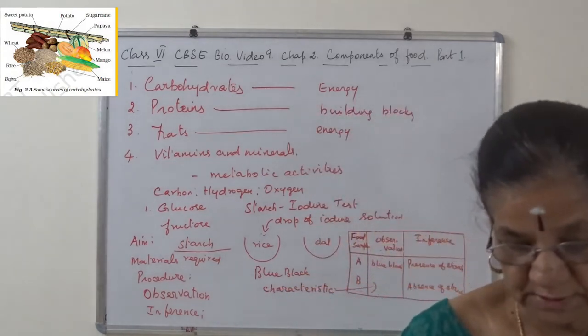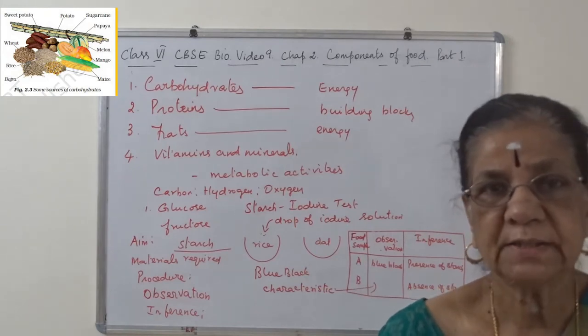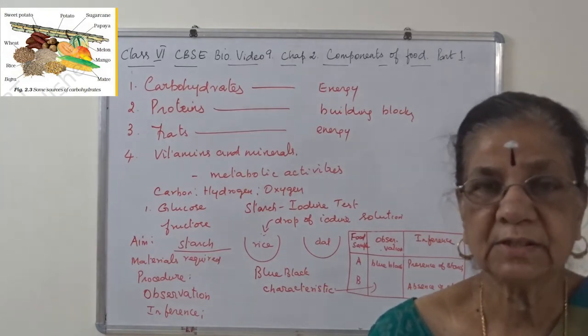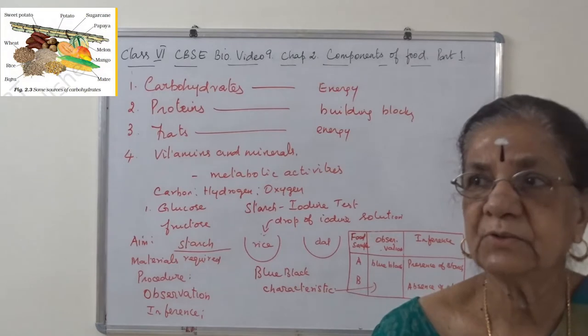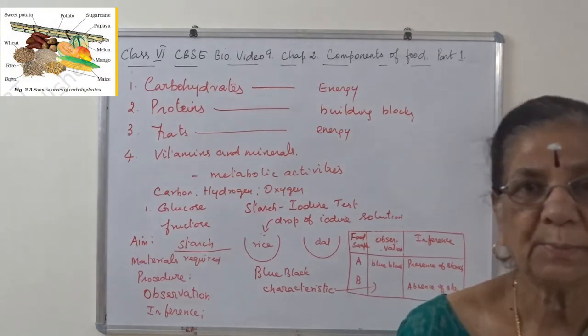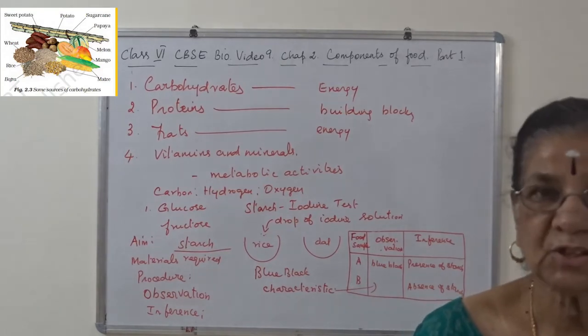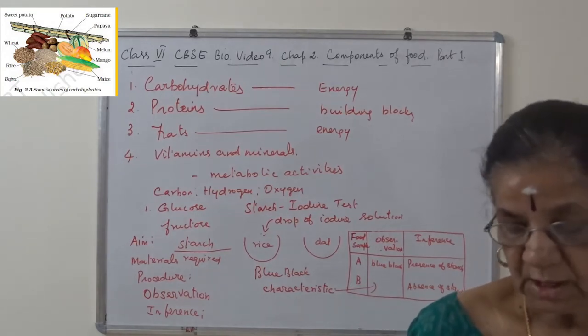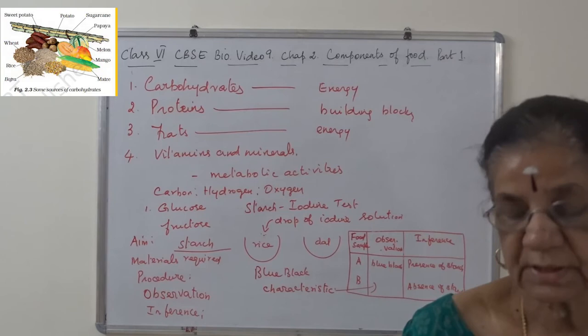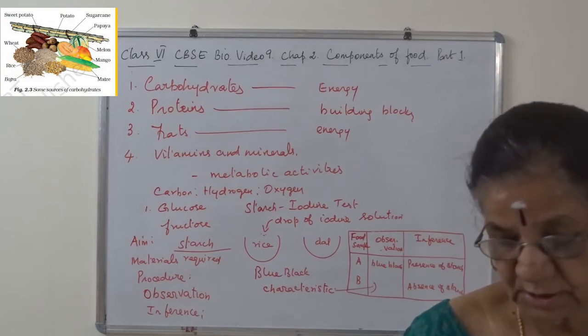Take a quantity of the food item or raw ingredient. Potato is a raw ingredient; rice you have to powder. Raw ingredients we have to powder, for a quick result. Put 2 to 3 drops of dilute iodine solution.